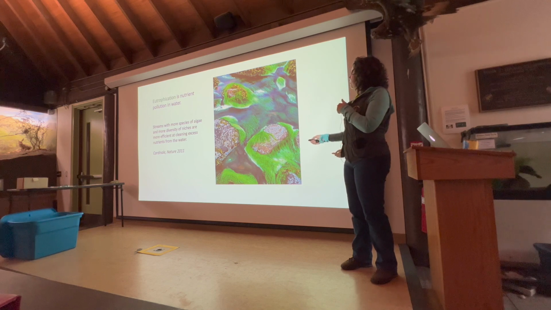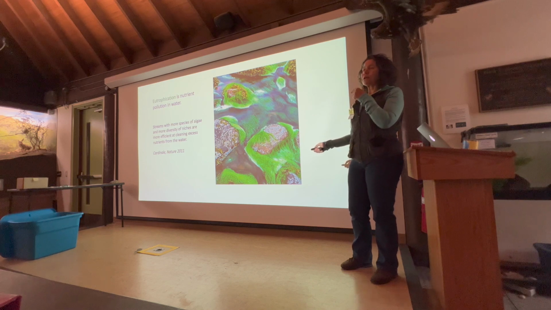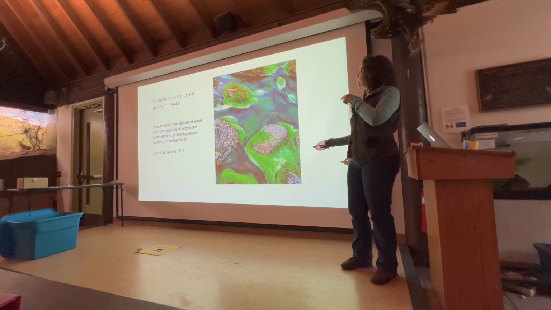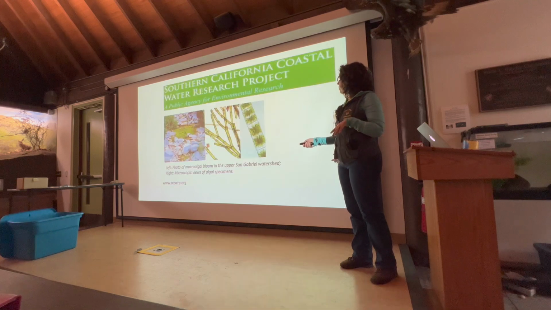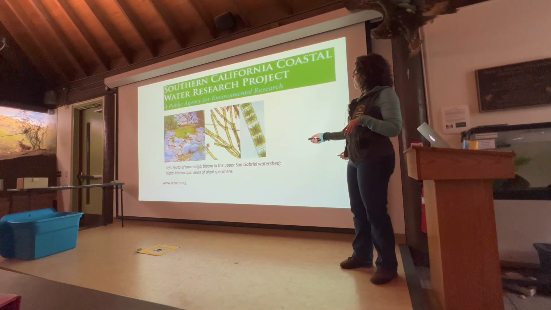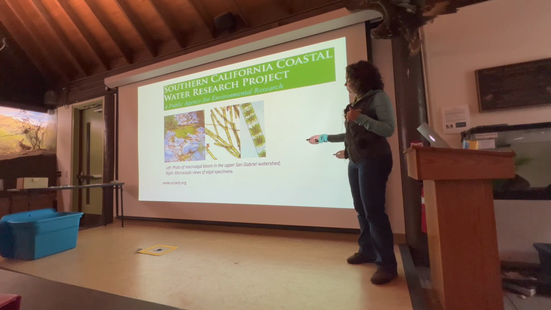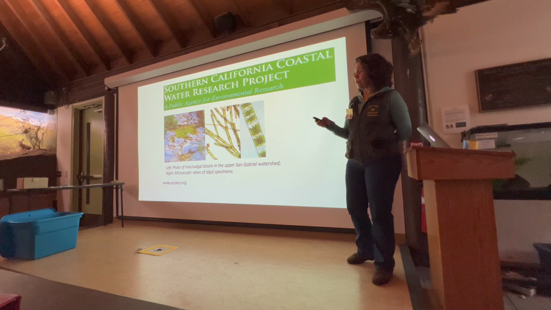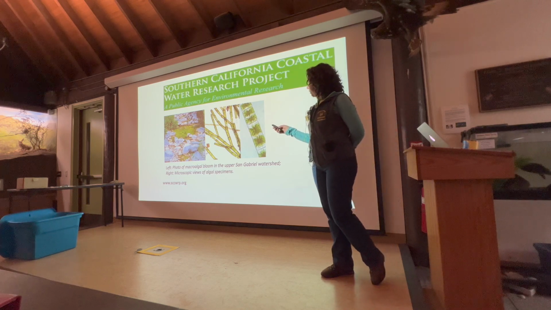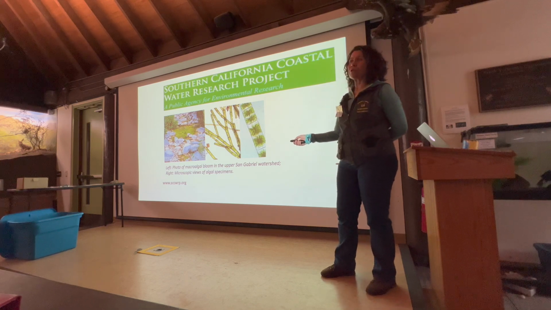Okay, so this is just the point that it can sometimes be a good thing, and if you see algae, it's not always a problem, but if the stream is persistently covered with algae, it can indicate a problem. So this Southern California Coastal Water Research Project does a lot of monitoring of streams in Southern California and coastal water, looking for what's in the stream and whether it's too much of a good thing, right?